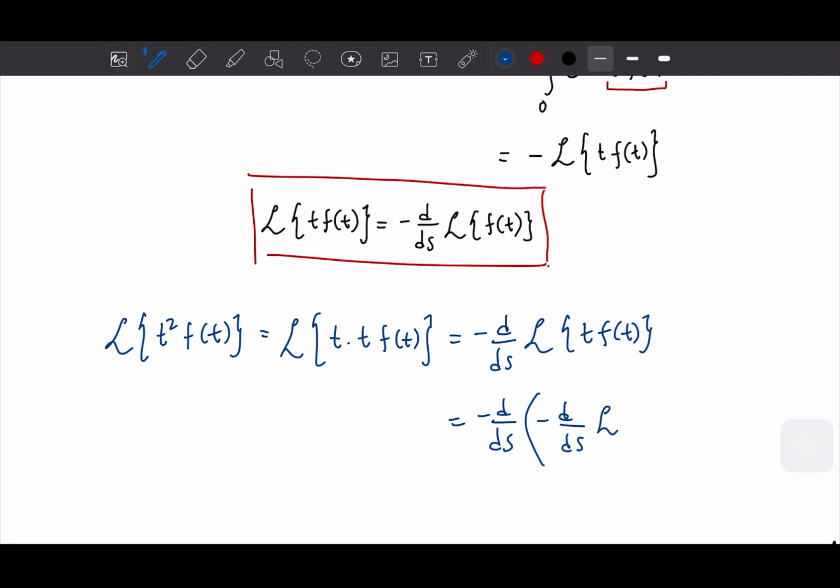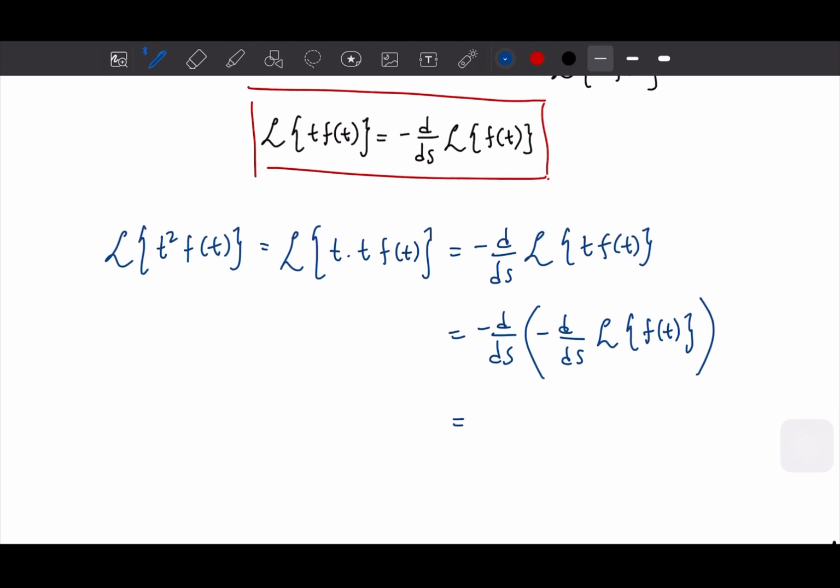Oh, it is the derivative of the Laplace of f(t).